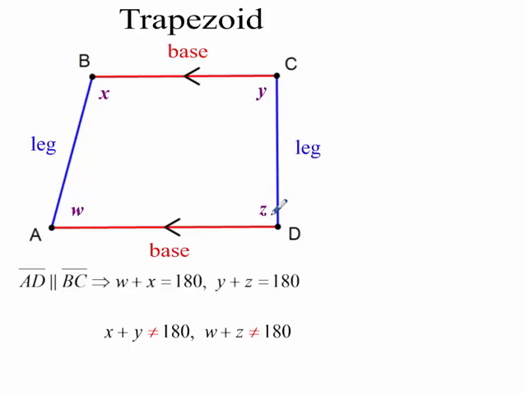Now, since the legs are not parallel, these two same side interiors cannot add up to 180. And likewise the same story up here.